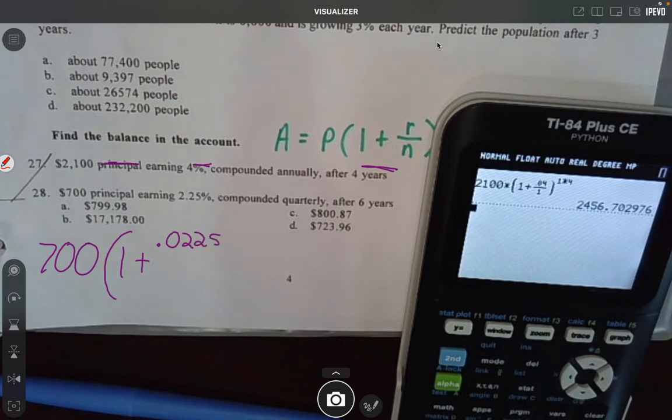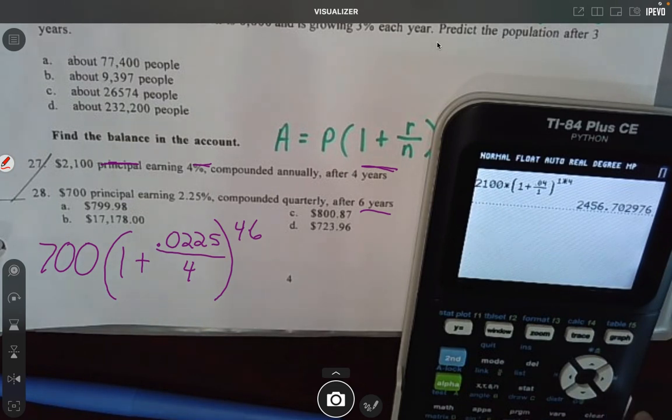That one's weird. Over how many times is it compounded a year? 4. And then that's 4 times how many? 6 years. And y'all, if this one is on there, I don't know yet, but if it is, I would put the formula for you.